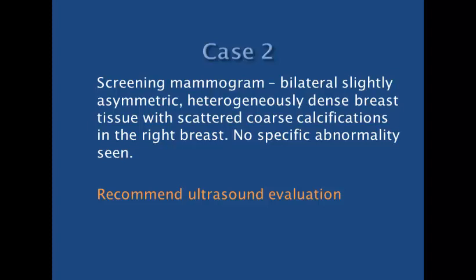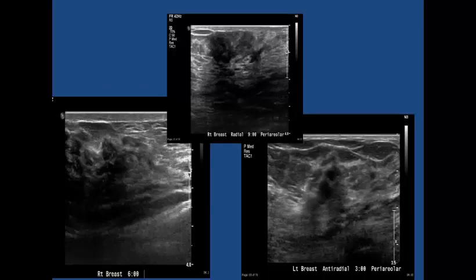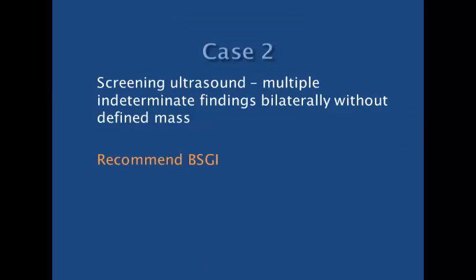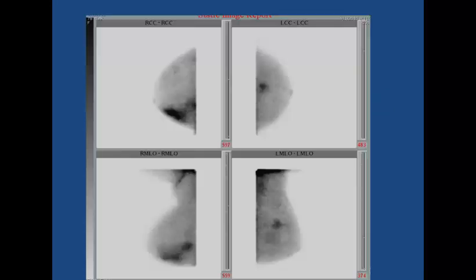Again, they recommended an ultrasound evaluation. So here are a multitude of ultrasounds. Ultrasound found multiple indeterminate findings bilaterally without a well-defined mass, and therefore they recommended the nuclear medicine image. So here's her nuclear medicine image.